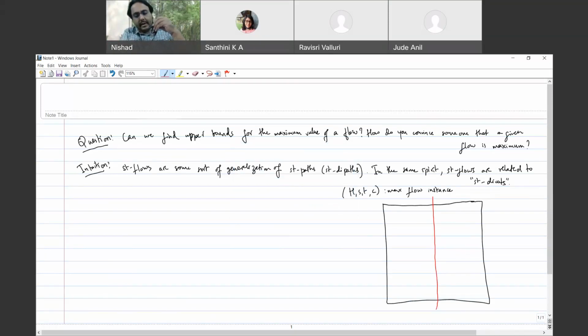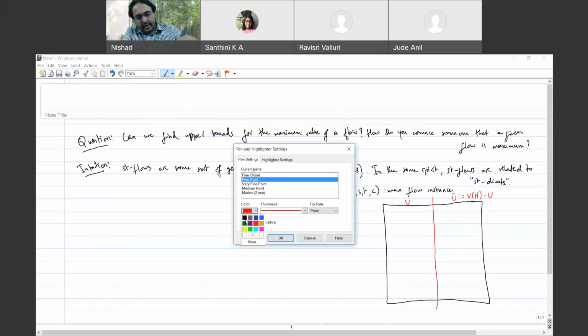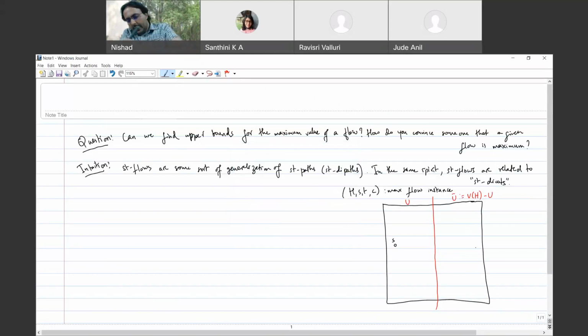Okay. So let's say this is a partition of the vertex set, U and U bar, such that the vertex S is in the U part and the vertex T is in the complement. Okay. All right, so we have two kinds of edges, those going from left to right and those going from right to left. We are going to distinguish between these two.